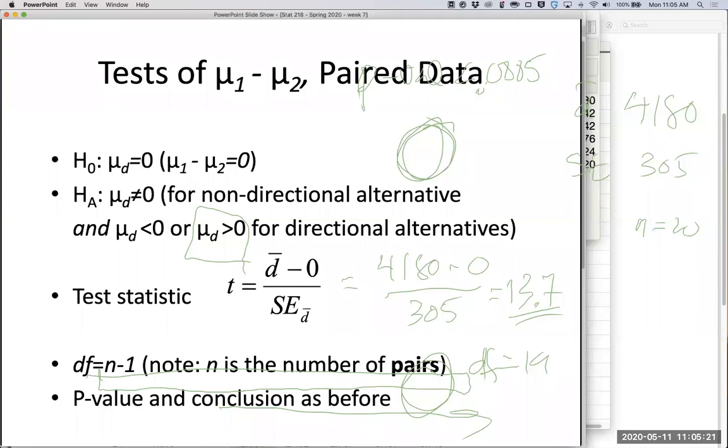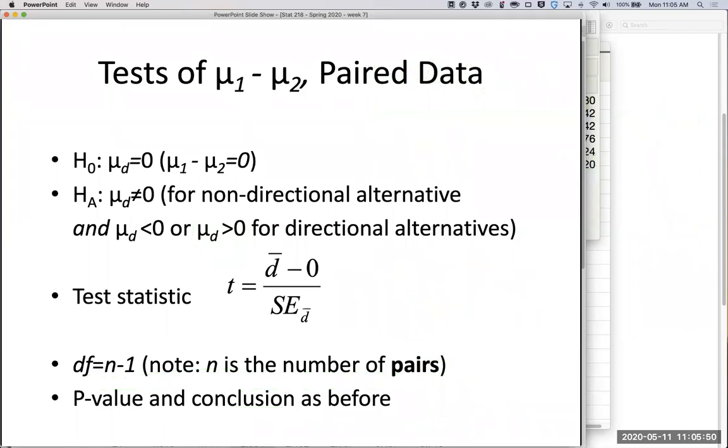Either I could reject the null hypothesis of equality because I saw something that was unusual if there were, in fact, equality of the two means, the in-state and the out-of-state, or I would stick with the belief that the null hypothesis is true and just have to live with being extremely unlucky. I tend to think because my p-value is below alpha 0.05, I'm going to believe the alternative hypothesis.